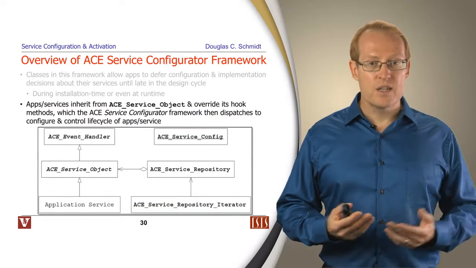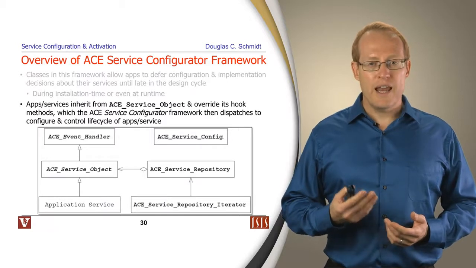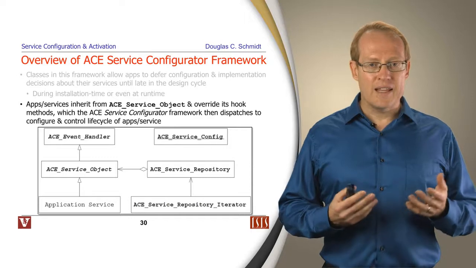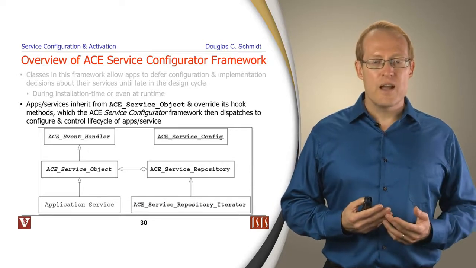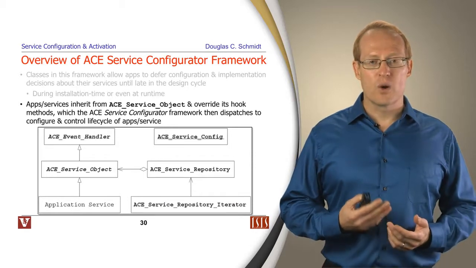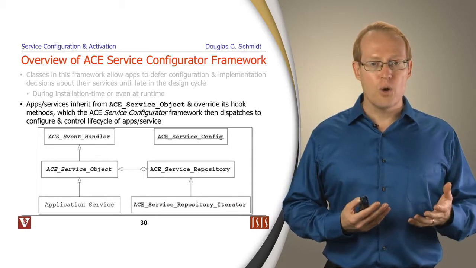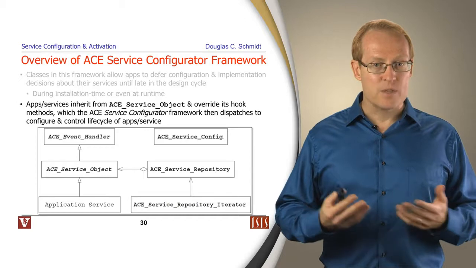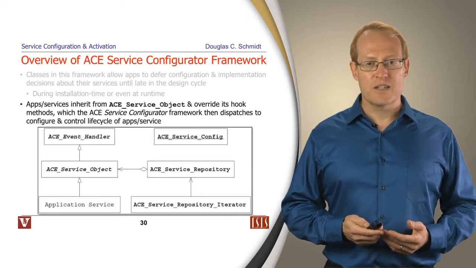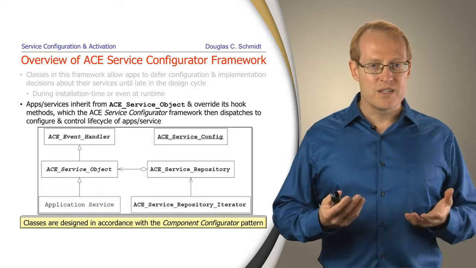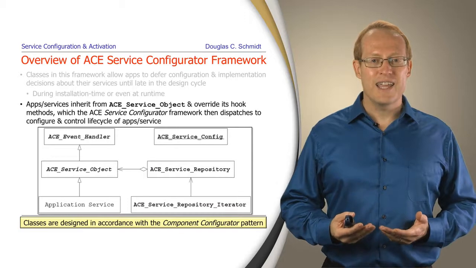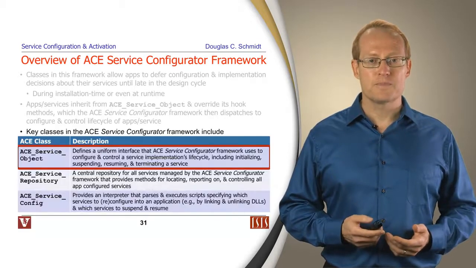Applications or services that use this particular framework inherit from a base class called the ACE Service Object, and then they override some of its methods, and the ACE Service Configurator framework then invokes these methods in order to configure and control the life cycle of the apps and services using the framework. We'll talk about a number of these different classes in a moment. Of course, these classes correspond closely to the roles and responsibilities defined in the Component Configurator pattern.